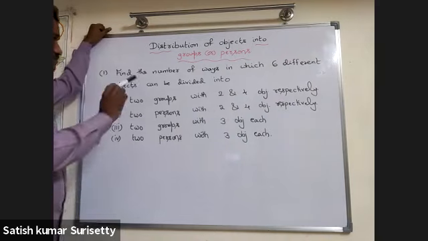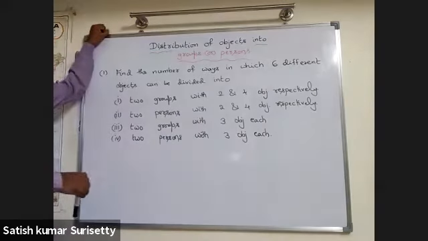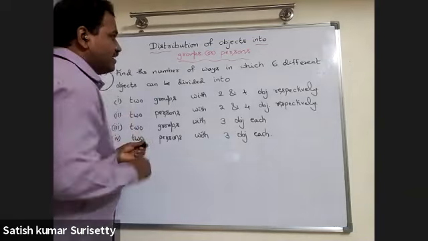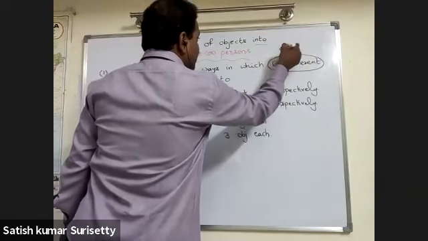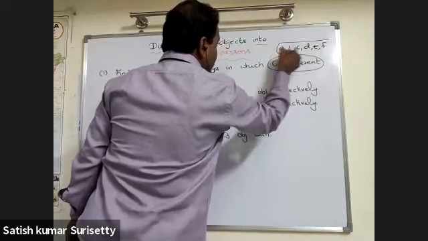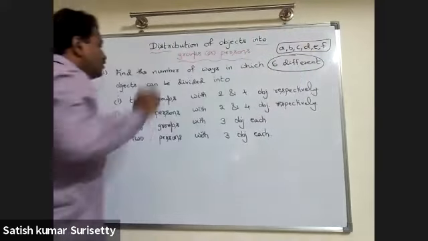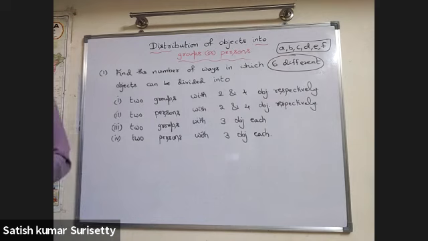Here, instead of writing the answer directly in terms of C notation or P notation, because we are having 6 different objects, let us consider those objects as A, B, C, D, E, F, and divide this into the 2 groups and list all the possible cases.